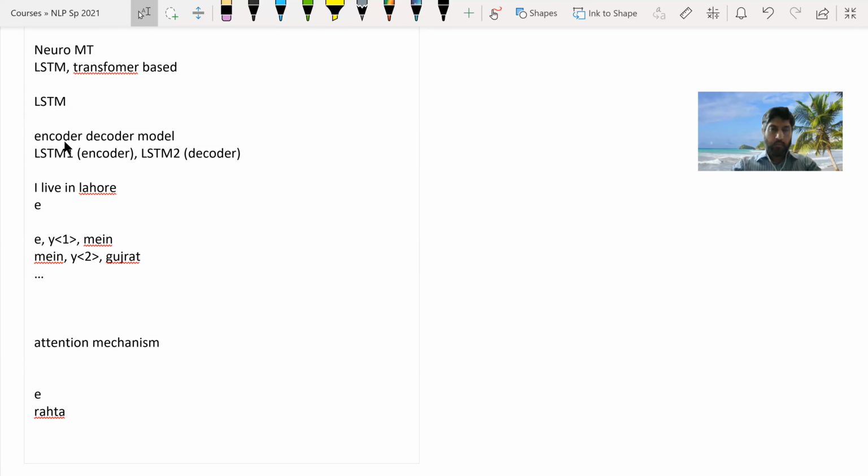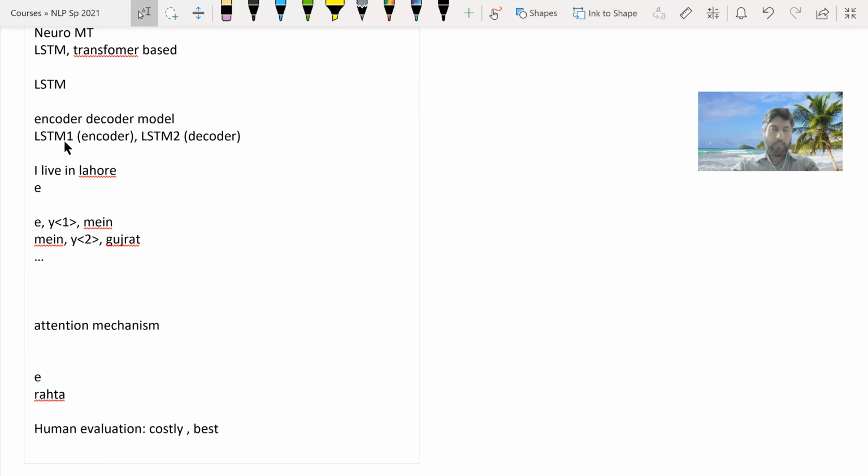Okay, so how do you evaluate the performance of machine translation? Of course, you can have human evaluation, which is costly, but it is also the best.